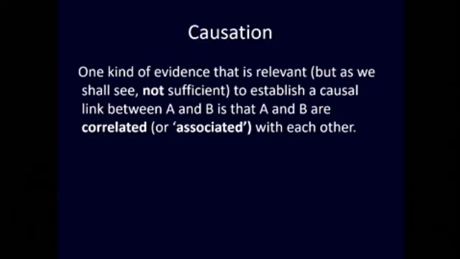So one kind of evidence that is relevant to support a causal claim is the existence of a correlation, sometimes called an association, between two things. I'm going to say a bit first about what a correlation is. It's a kind of statistical generalization.